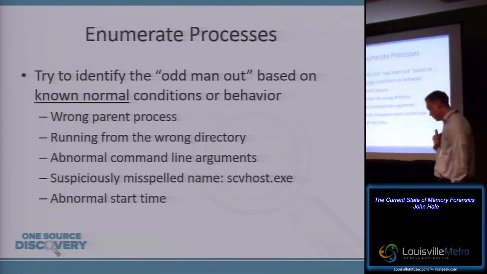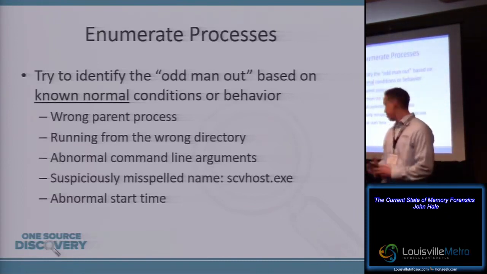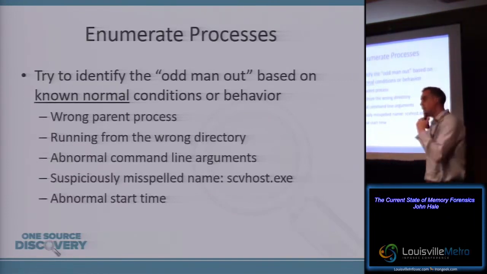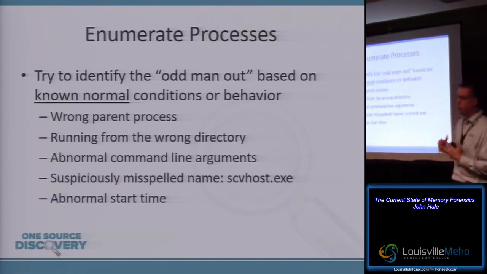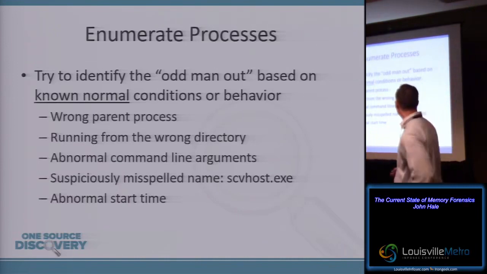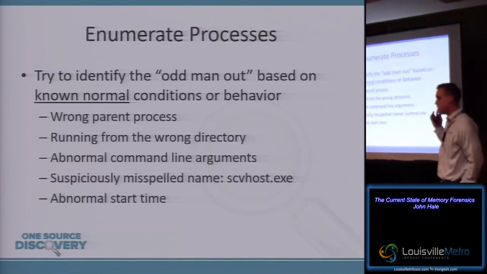Enumerating processes is one of the first, if not the first thing that malware analysts specifically often do. So here we are trying to identify the odd man or the odd woman out based on known normal conditions and behavior. And this known normal is a recurring theme that you will find in digital forensics and incident response and the security industry in general.